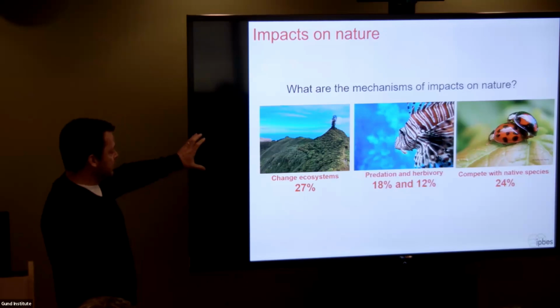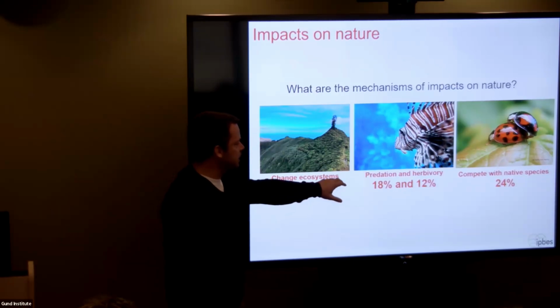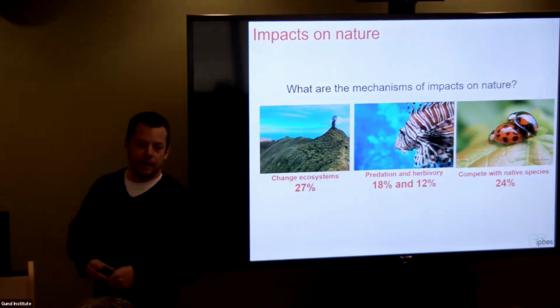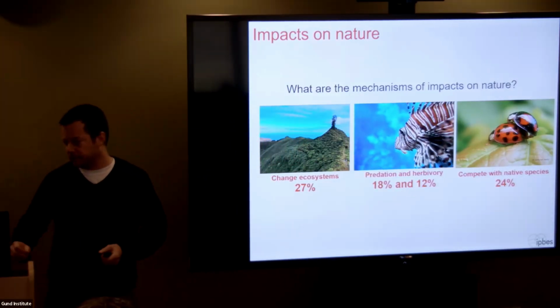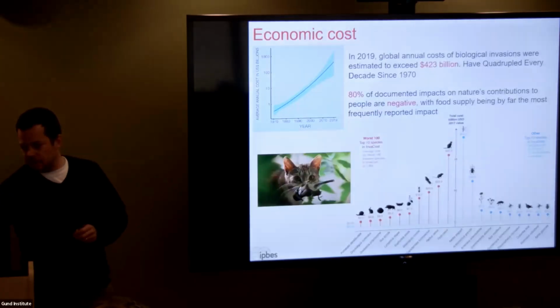The most common impacts are changes in the ecosystem, 27%, predation and herbivory, 18% and 12%, and competition with native species, 24%. So these are the impacts on nature.